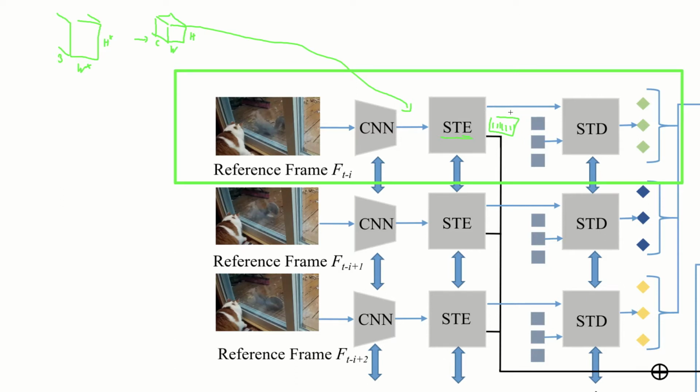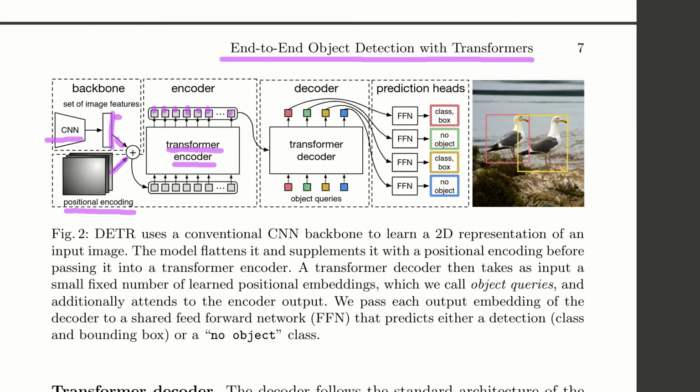Then another part is going one step further to this STD, the spatial transformer decoder. For the decoder, we also have to go back to this original paper. So we have now these feature vectors here, and we have some learned object queries.